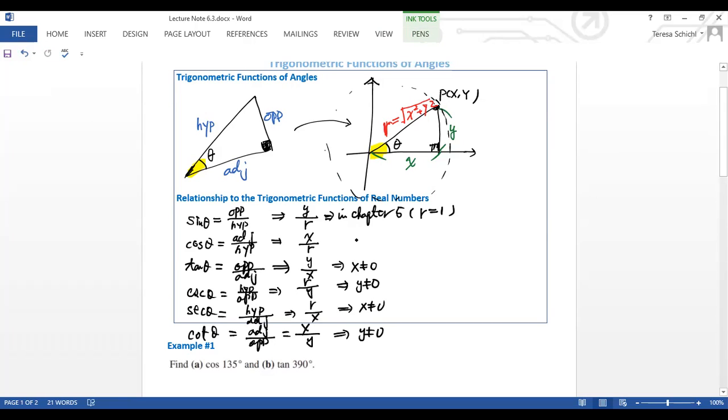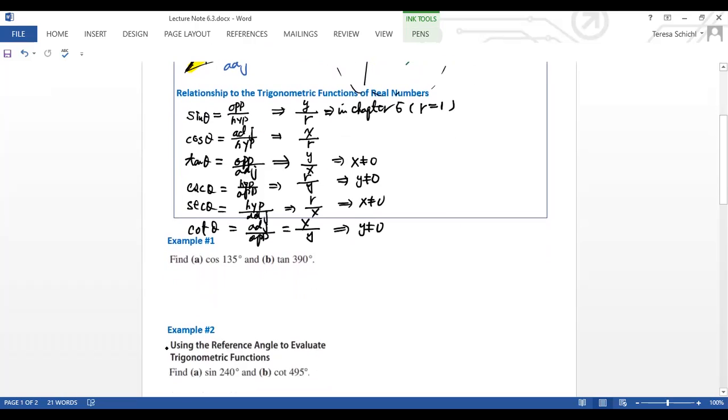Whatever angles you have, when you put them in the circle, it works the same way. So when we try to find the value of cosine 135 and tangent 390, it's the same thing. For cosine 135 here, this angle is 135.